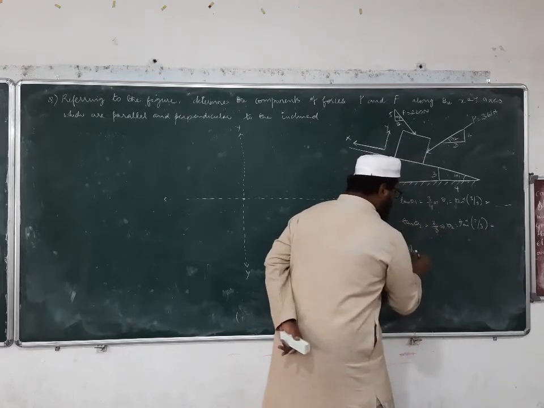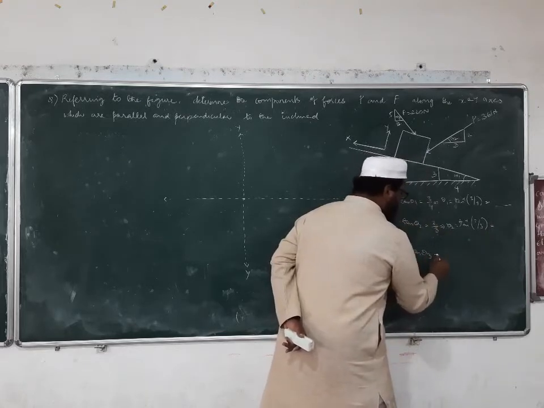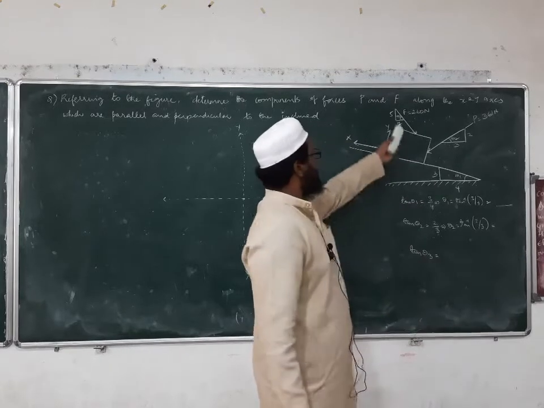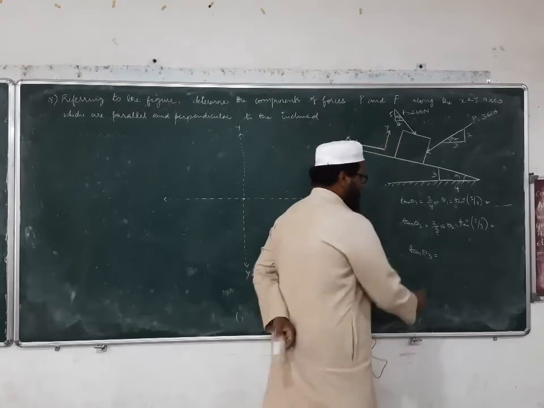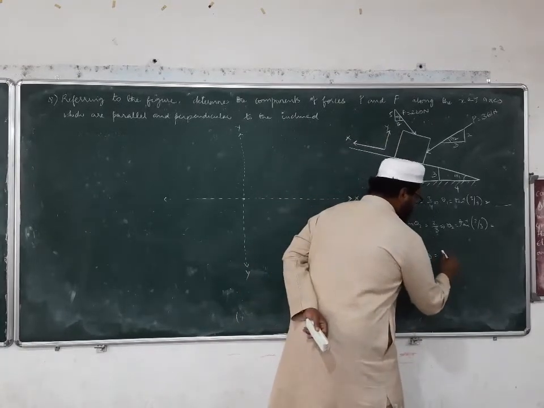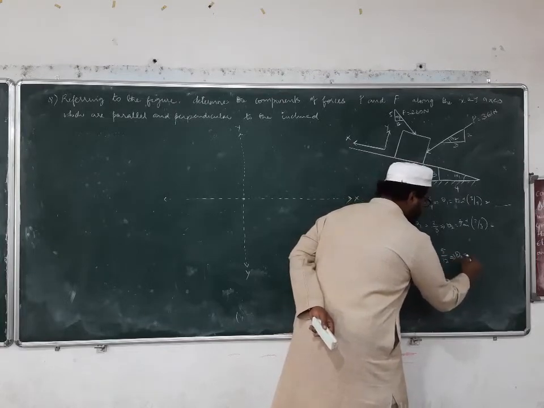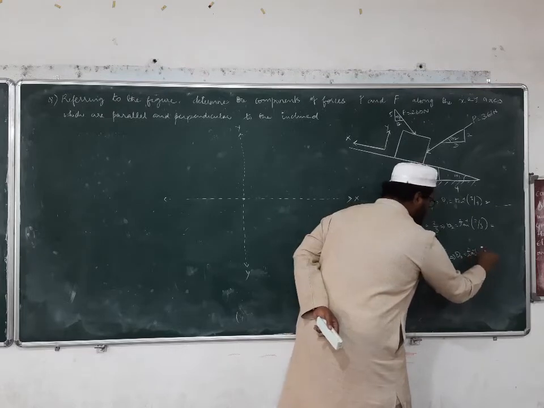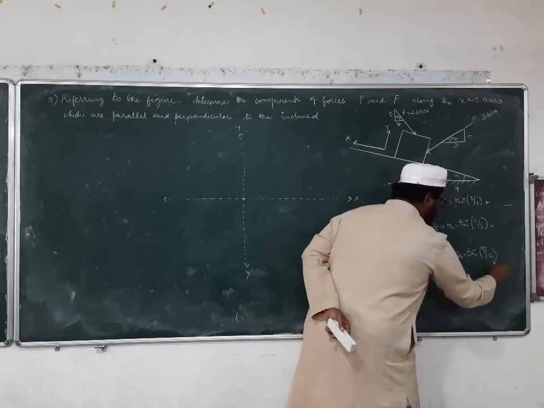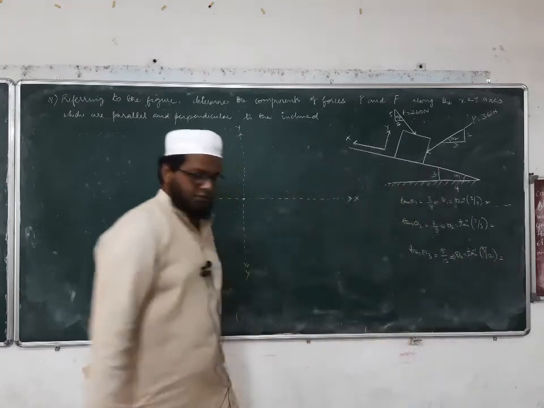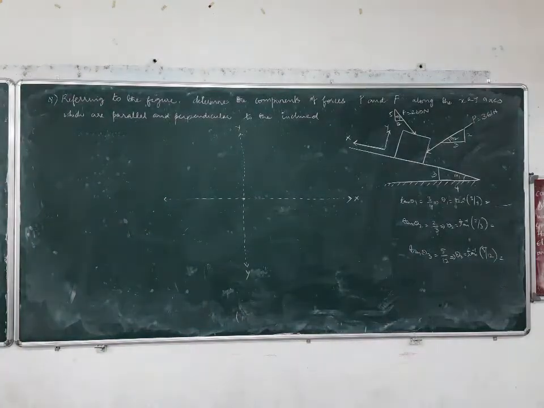Then again we'll calculate theta 3. Theta 3 is nothing but this one. Height by base, or opposite by adjacent. So 5 by 12, that implies theta 3 is equal to tan inverse of 5 by 12. So what values will we be getting? Theta 1 is 36.86 degrees.